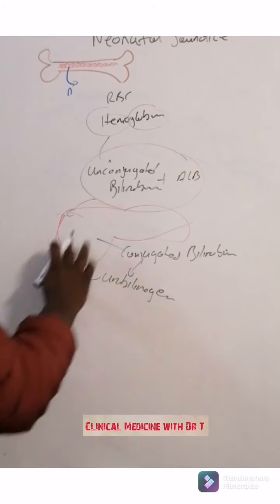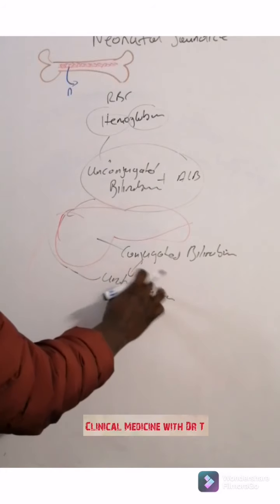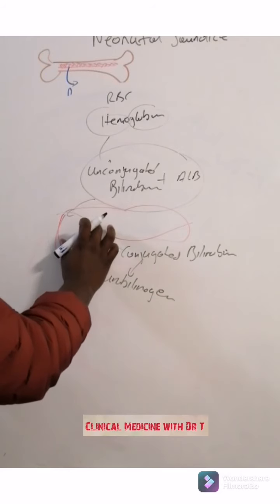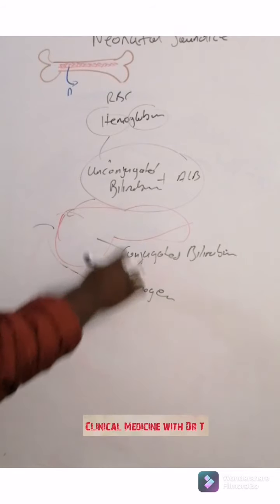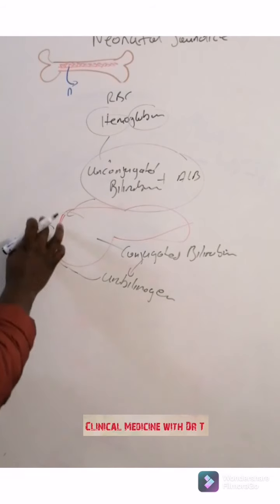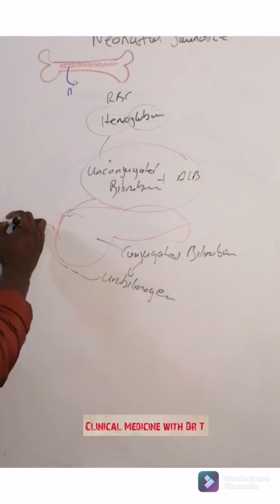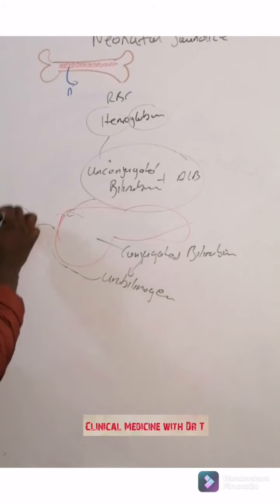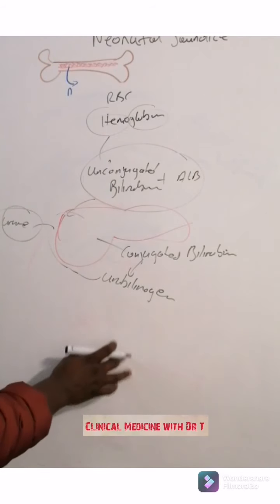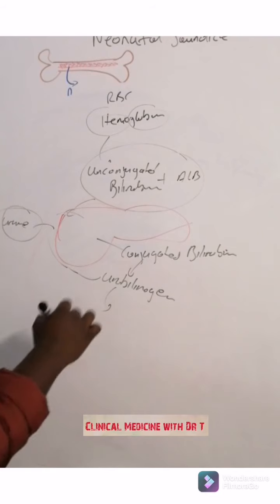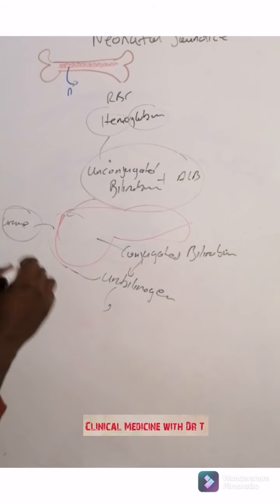That's what they call enterohepatic circulation, from the intestines back into the liver. Then later on, it comes back into the intestines, or some of it goes to be part of urine.